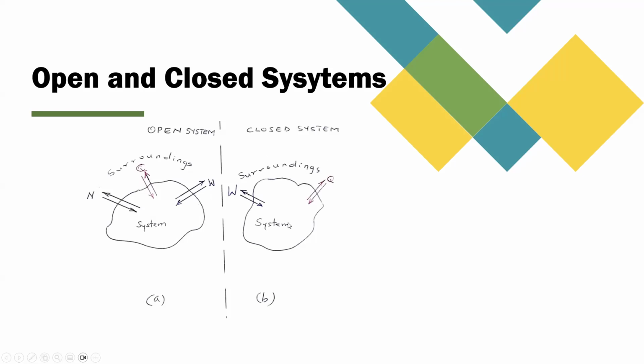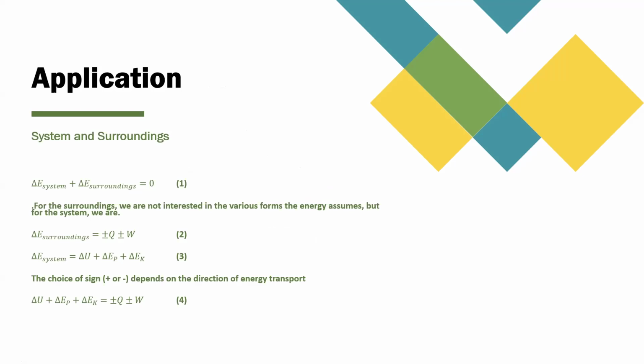A closed system is impermeable, so the boundary only allows for exchange of energy. And we have said energy can be exchanged between the system and the surroundings in two forms, either heat or work. So we're dealing with a closed system here.